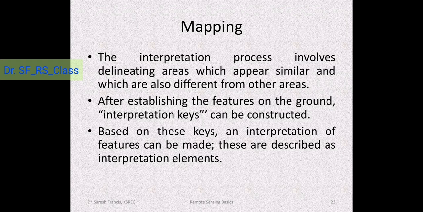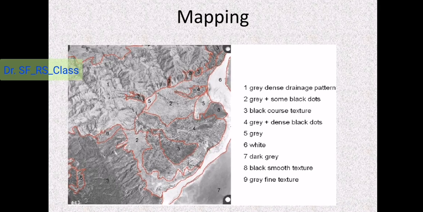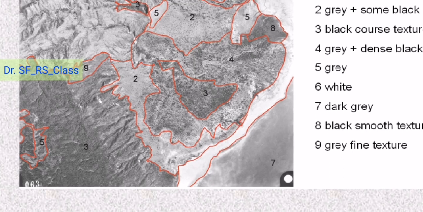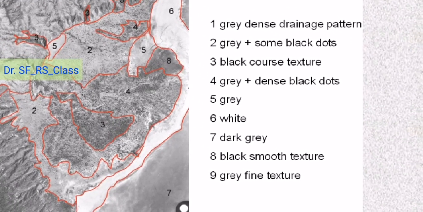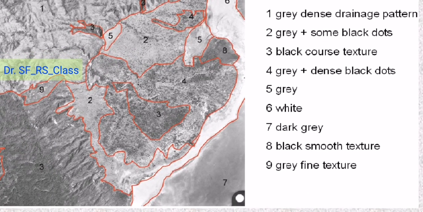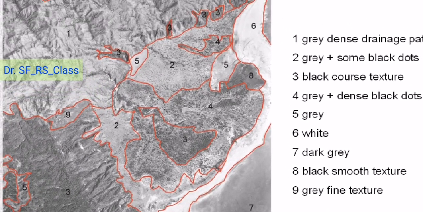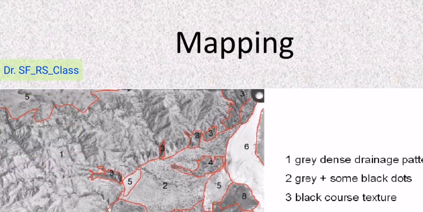So such kind of delineations, as you can see here, you will be able to identify different boundaries with different shades. The one is gray dense drainage pattern. You can see the number one, which is showing drainage pattern, which is gray in shade, and it's along the small valleys.